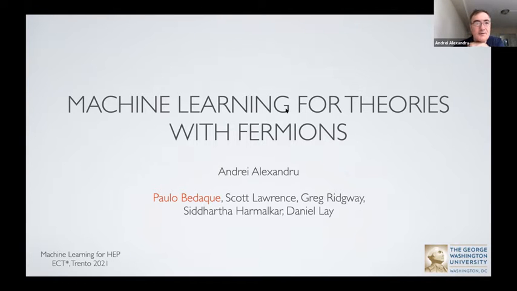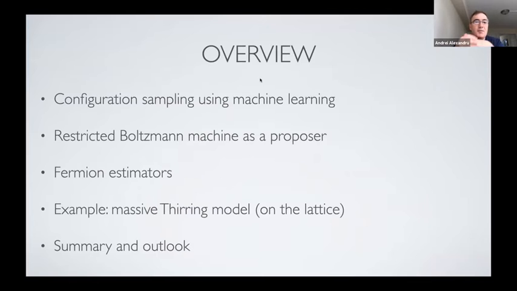So, I'm going to talk very briefly about how to do configuration sampling using machine learning. The toy problem and the toy approach we're going to use for this is a restricted Boltzmann machine as a proposer, and describe that in a little bit of detail.